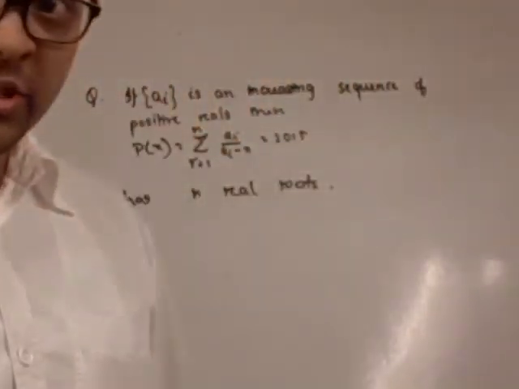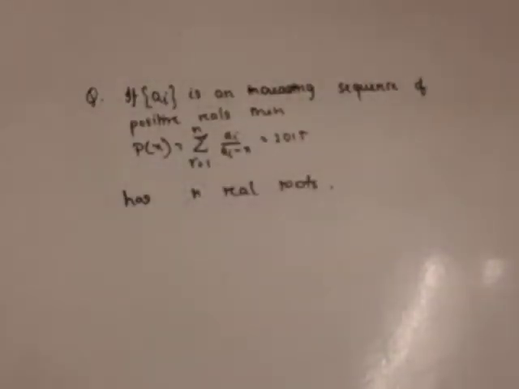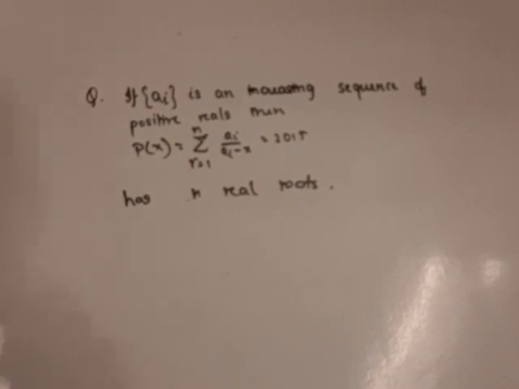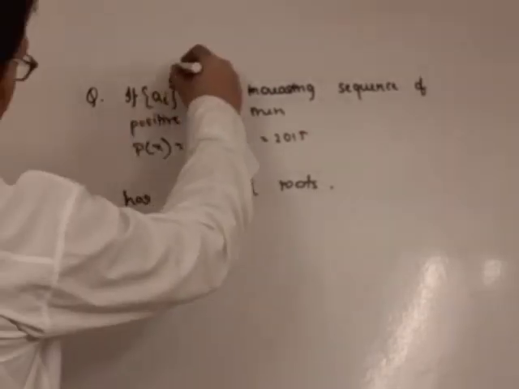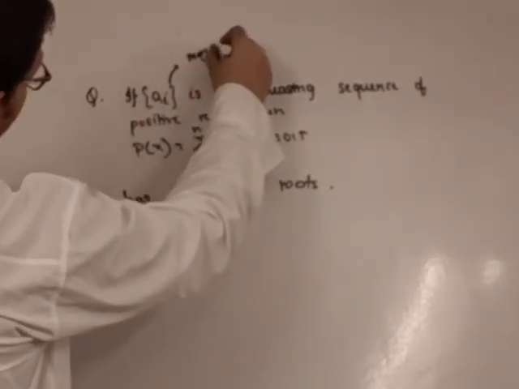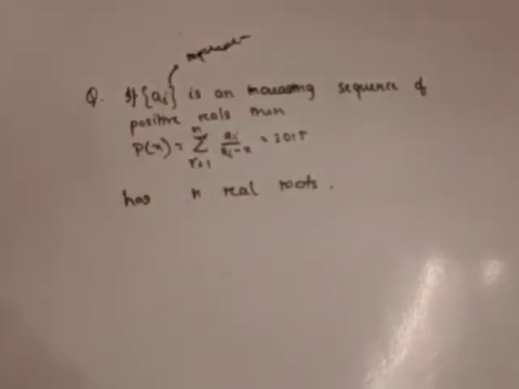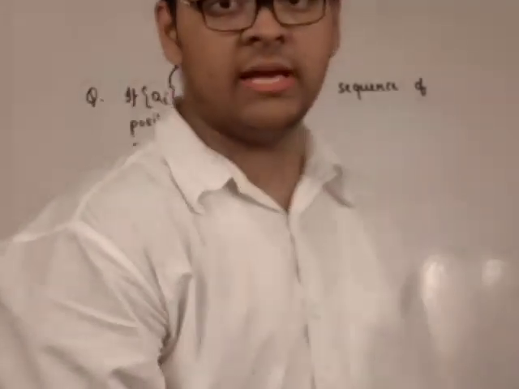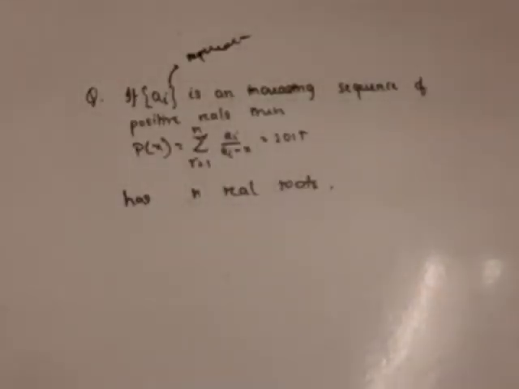I give you some stipulated time to solve the problem and think of it on your own. The question says that you have an increasing sequence, and this is generally the notation of a sequence. Then this equation has n real roots. So I give you some stipulated time to solve the problem. Please try it.